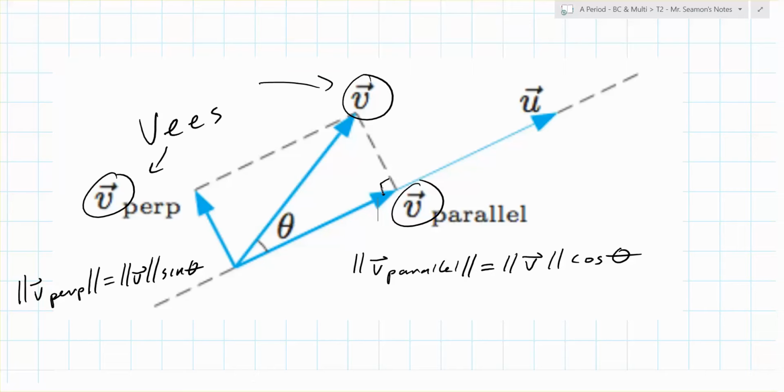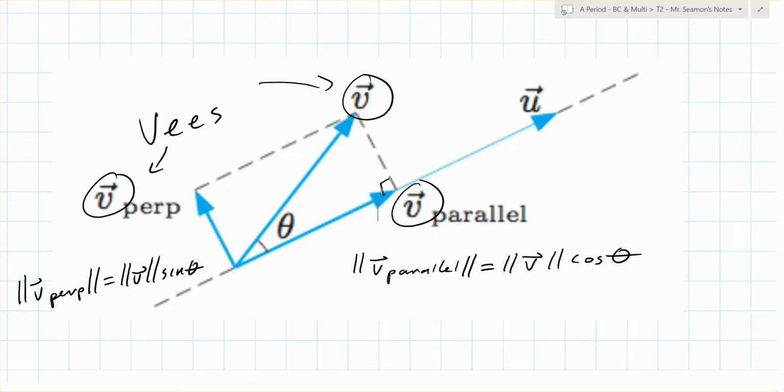So what's the magnitude of 7u? 7. What's the magnitude of 8u? Is it always the case that the magnitude of a vector is equal to the coefficient of the vector? No, because the vector itself could have a magnitude of something other than 1, right? But in this case, what's the magnitude of u? The magnitude of u is 1.